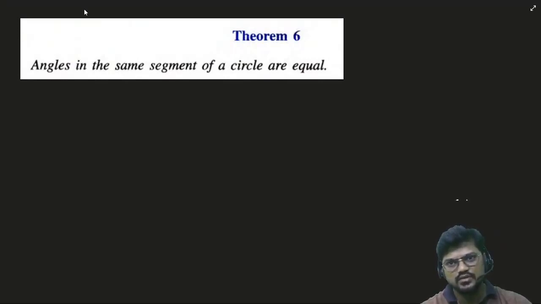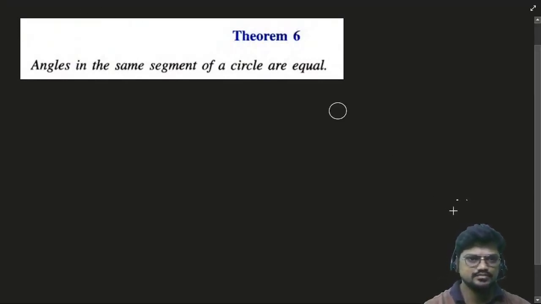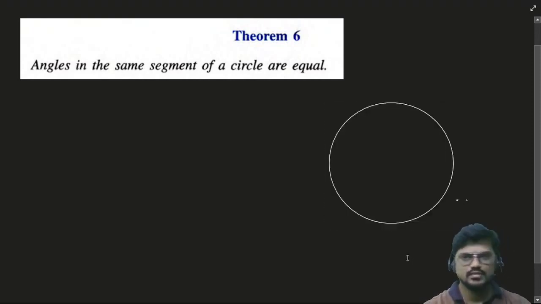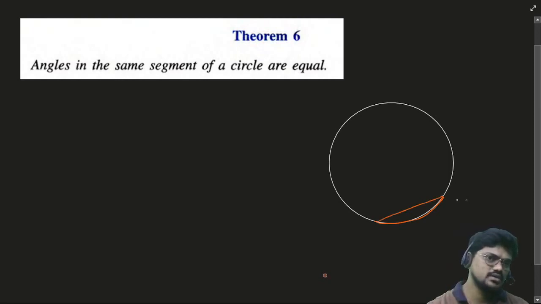Angles in the same segment of a circle are equal. That means if you draw a circle, and if this is your segment, okay?